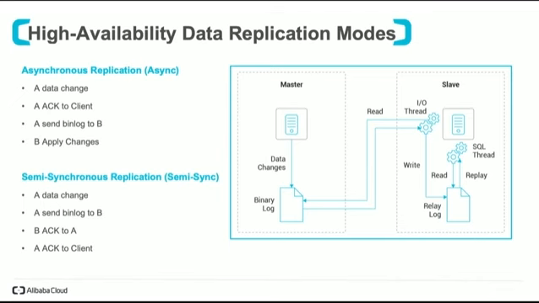All right. Now, in terms of data replication between the master node and slave node, we support 2 replication modes. The first one is called asynchronous replication. What it does is your application accessing the database only gets a return when the master database gets updated.